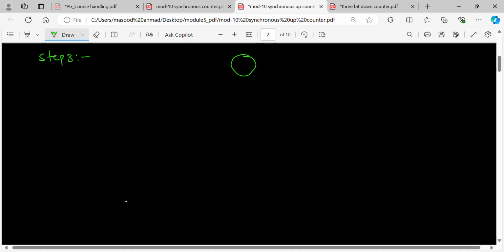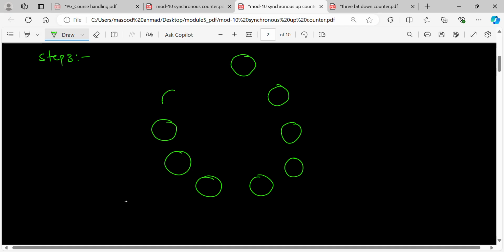So the present states are 0, 1, 2, 3, then 4, 5, 6, 7, 8, 9.